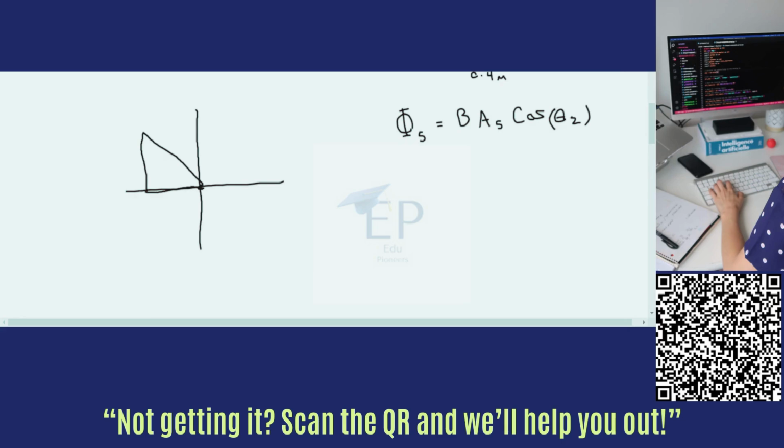And now imagine that we rotate our axes so that the y-axis here is parallel with the slope of our triangle, and the z-axis is perpendicular to it. So it would look something like this.